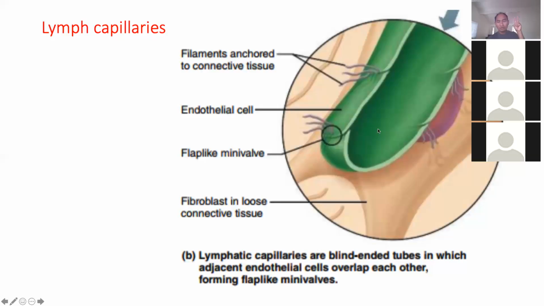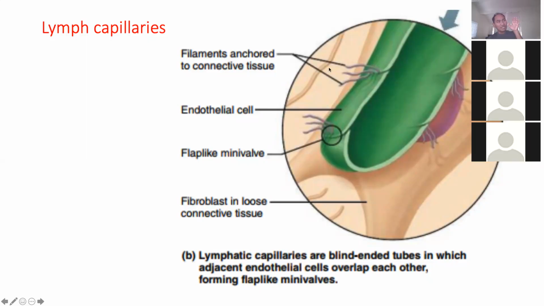Number three, the linings of the capillaries are similar to the arterial or venous capillaries, which are flat, simple squamous epithelium, and we call that an endothelium. And number four, they are attached to the surrounding tissue with the little filaments.